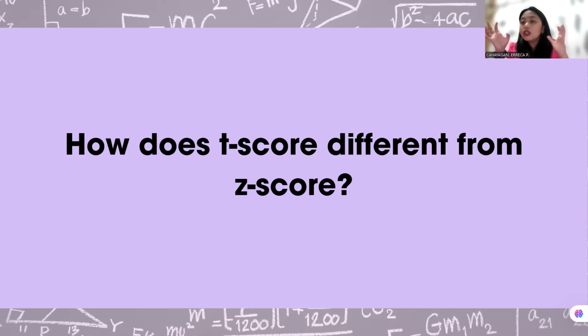In summary, that's the difference between the two. Also, the z-score formula uses the raw score and the standard deviation, while t-score uses the z-score and a mean of 50 and standard deviation of 10.